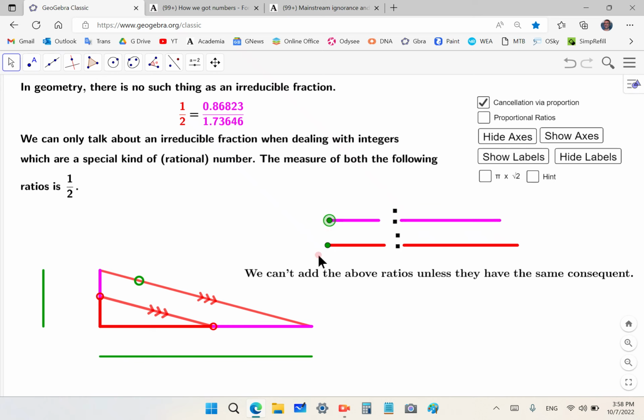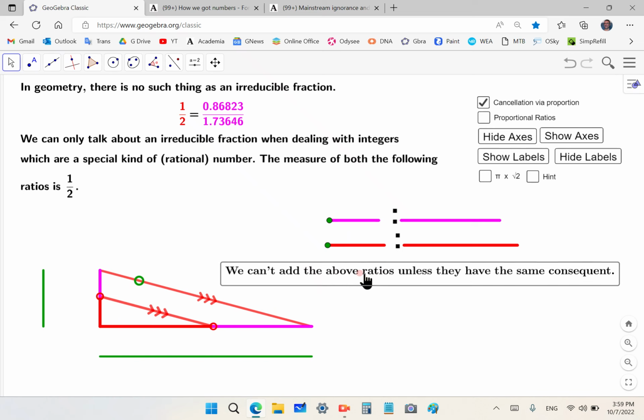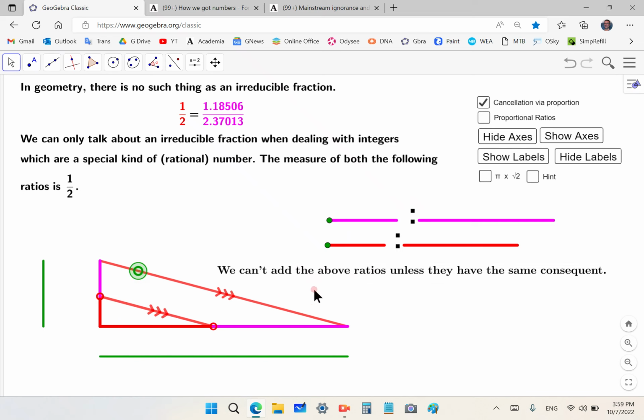What I've done here on this side of the page, this ratio and this ratio, I'm representing this line to this line using this ratio, and this line to this line using this ratio. My comment is that we cannot add these ratios unless they have the same consequent, which would mean that we'd have to express both of them with the same antecedent.